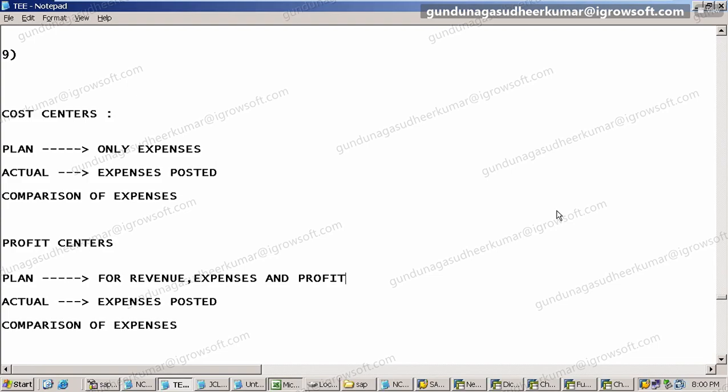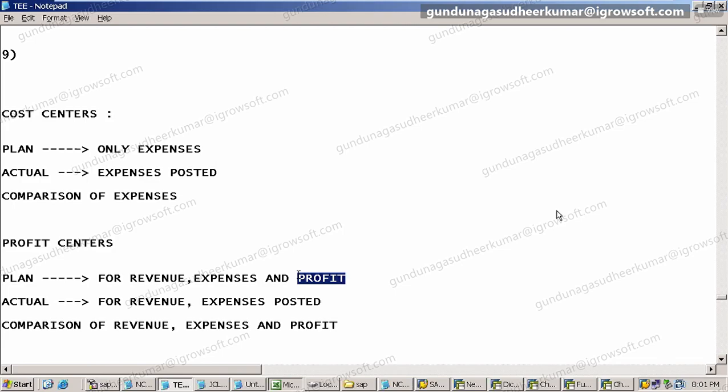Then actuals are posted for revenue and expenses. Profit will be derived automatically, we don't post profit. Then comparison of revenues and expenses. What is my planned profit? What is my actual profit?